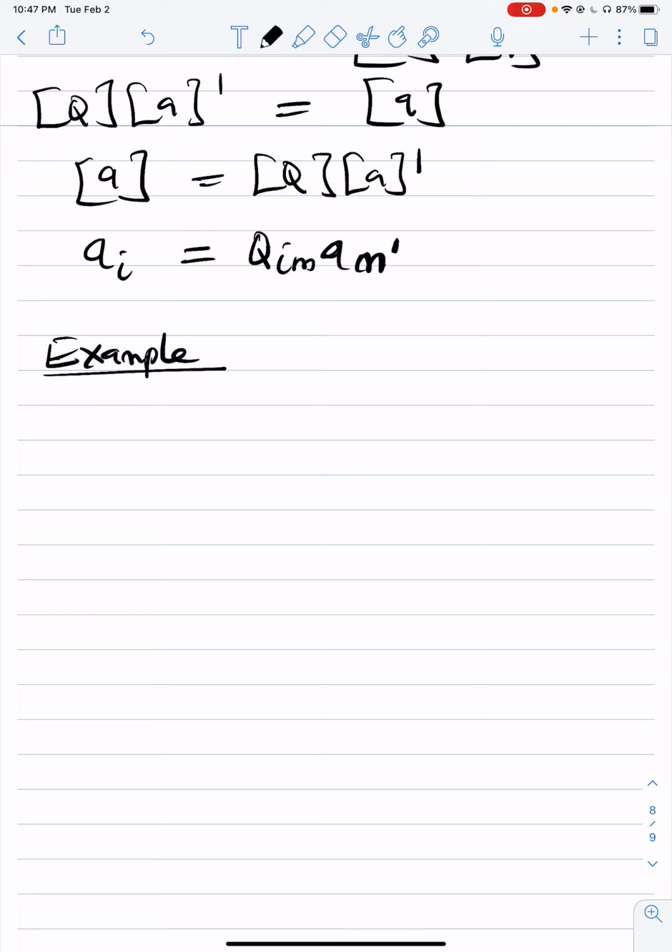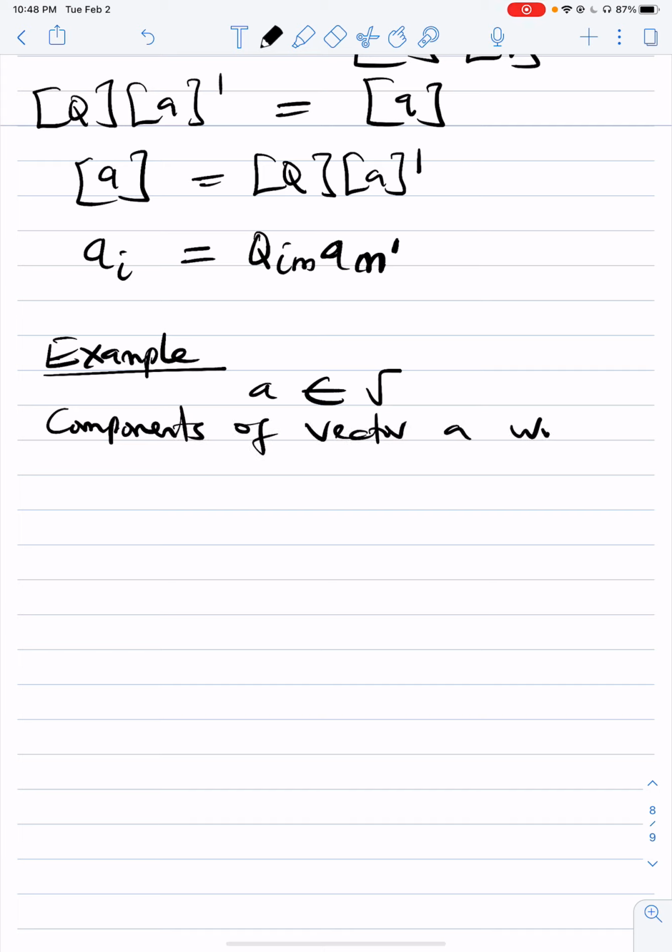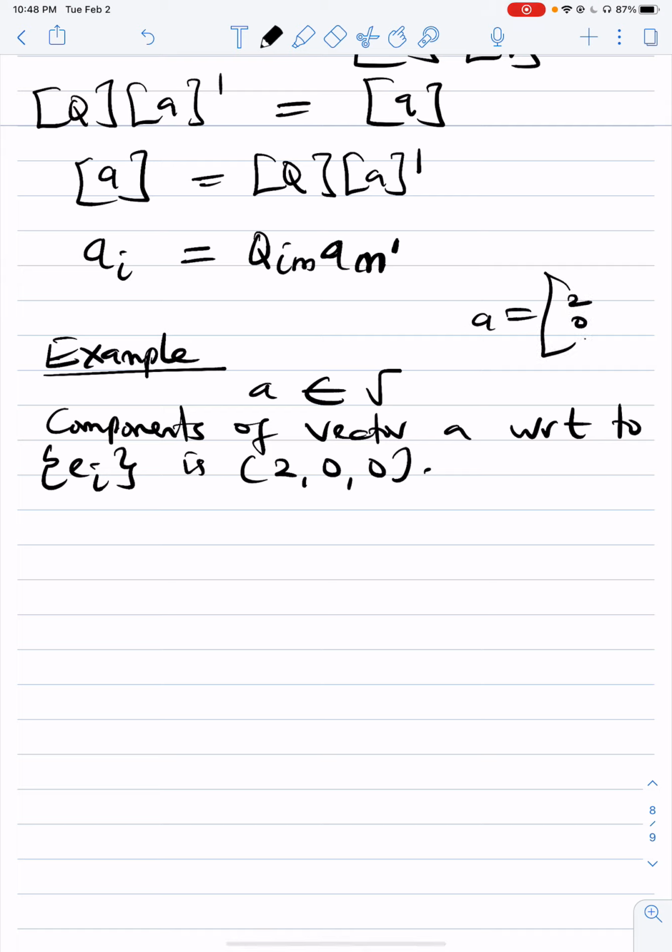So we have a vector, right? Let's say we have a vector A, and the components of vector A with respect to E sub i are 2, 0, 0, right?